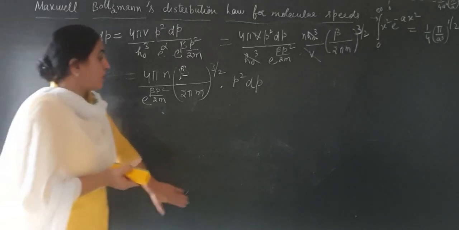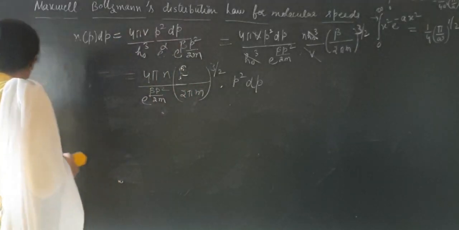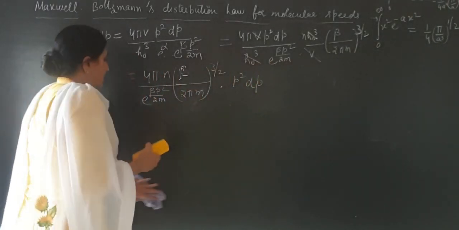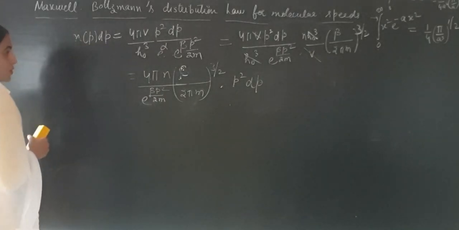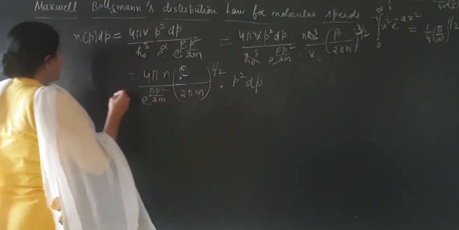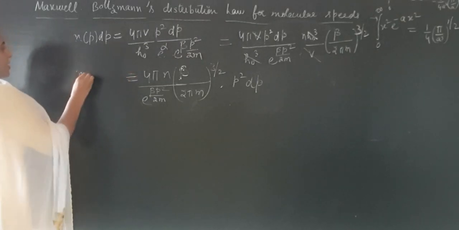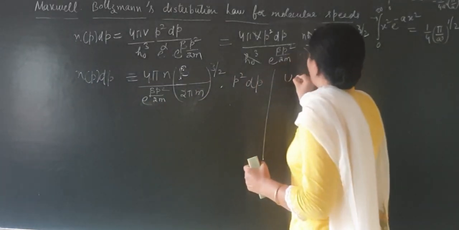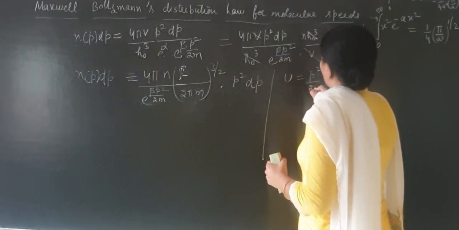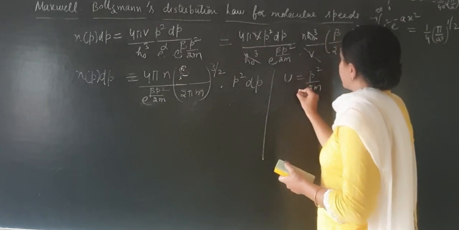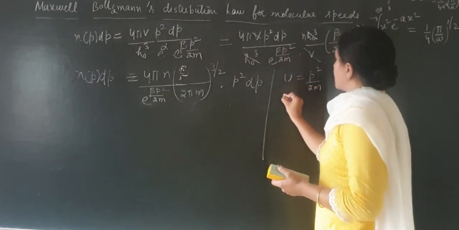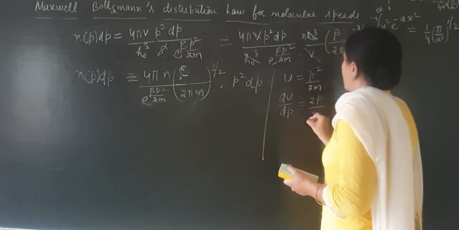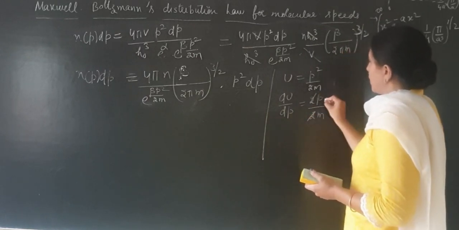For this we know the relationship between momentum and energy: p square by 2m is equal to u. So n(p) dp, I write here. We know that u is equal to p square by 2m. Differentiate it with respect to p: du upon dp is equal to 2p upon 2m, so 2 cancels with 2, p over m.